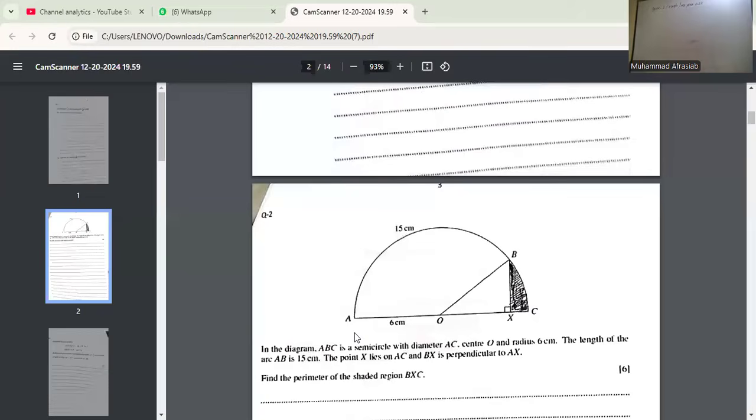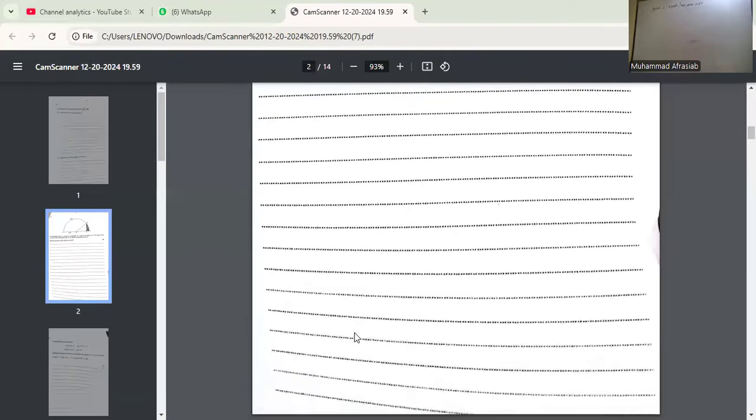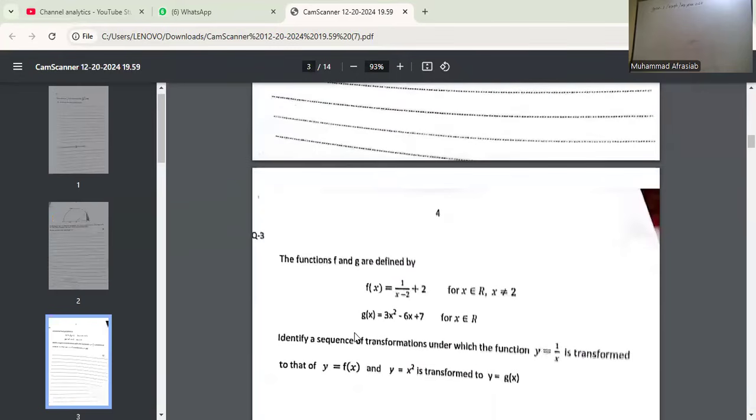Now question number 3. The functions f and g are defined by f of x is equal to, and g of x is equal to.